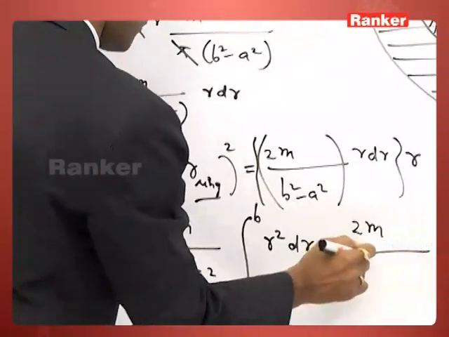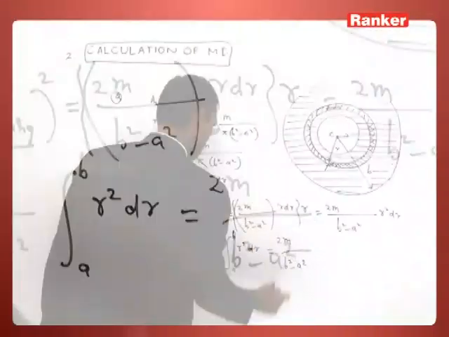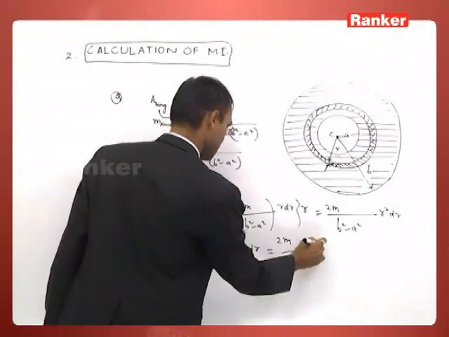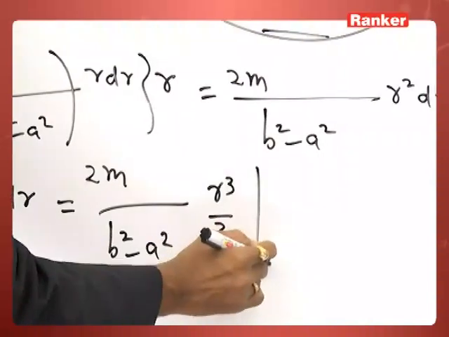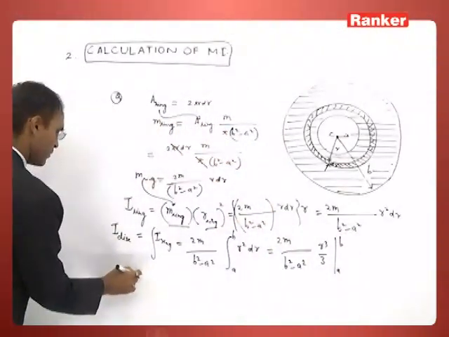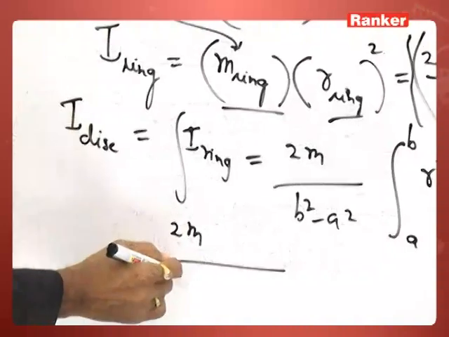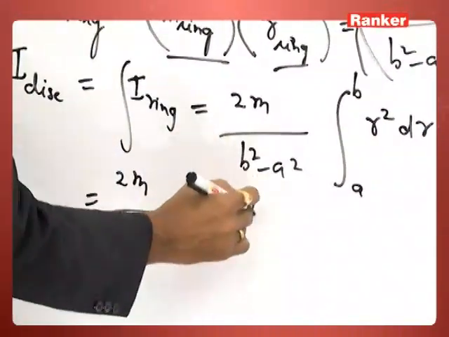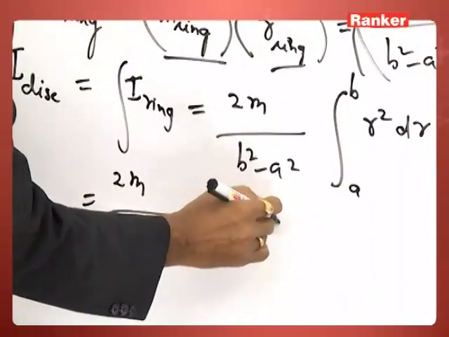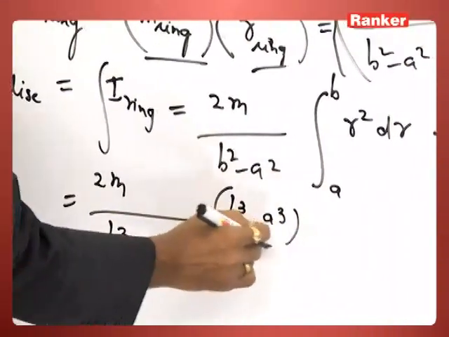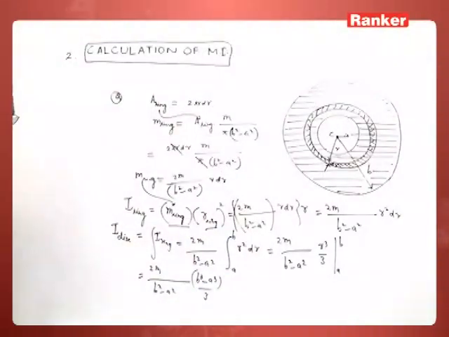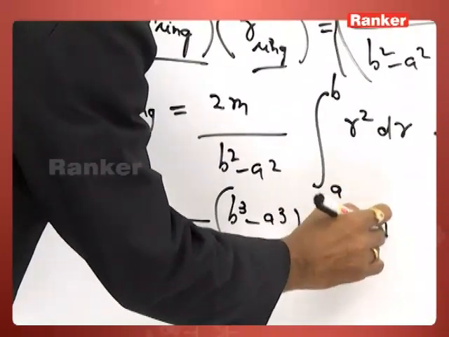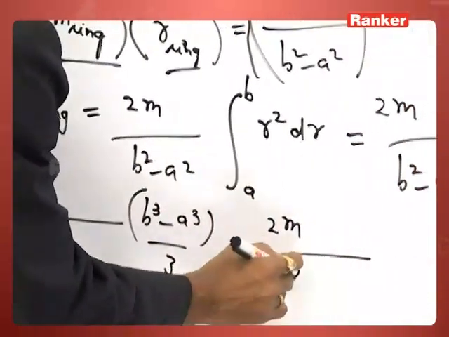Therefore, this is 2m by b square minus a square times the integral of r square dr. The integration of r square is r cube upon 3 from a to b, which will be equal to 2m by b square minus a square into b cube minus a cube by 3. So, that is 2m by 3.